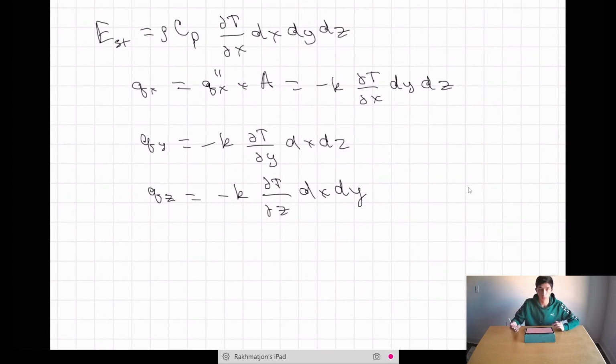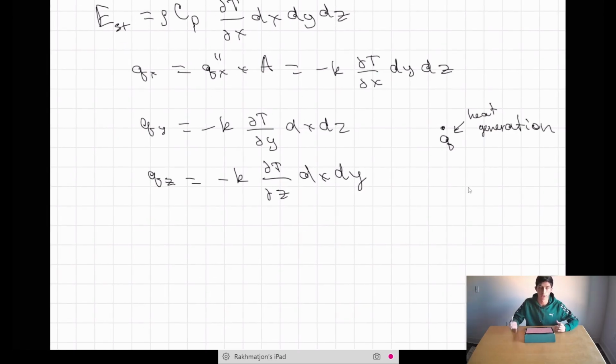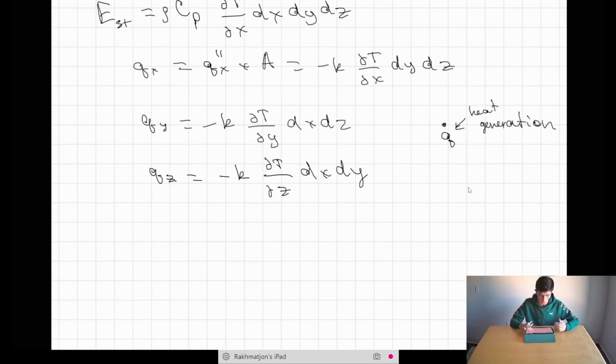And there can also be a heat generation inside of the cube, right? So we can just say we're going to have a q dot, and that's going to be our heat generation inside of the cube. Okay, and the sum of all the flows that are going to be inside of the cube should be equal to the energy stored inside of the cube, right?